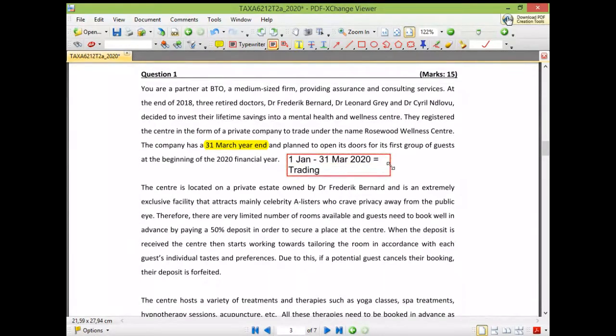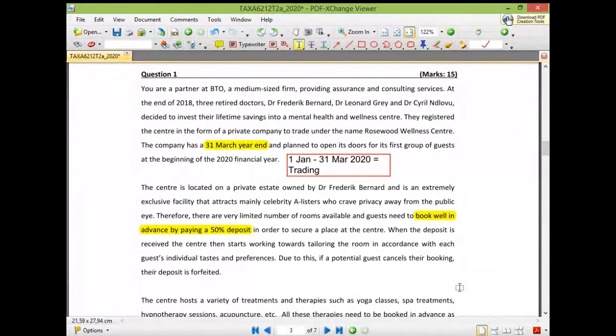The center is located on a private estate owned by Dr. Frederick Barnett and is an extremely exclusive facility that attracts mainly celebrity A-listers who crave privacy away from the public eye. Therefore, there are a very limited number of rooms available and the guest needs to book well in advance and pay a 50% deposit. So what this tells you is they have to book in advance and pay a deposit to secure their place.